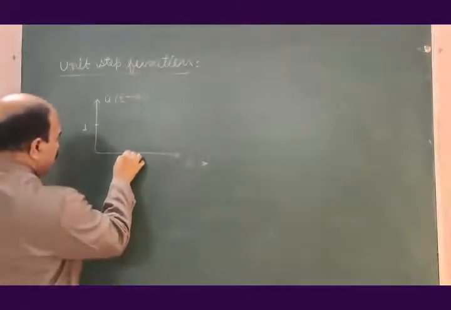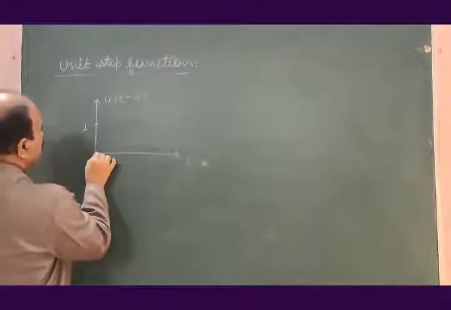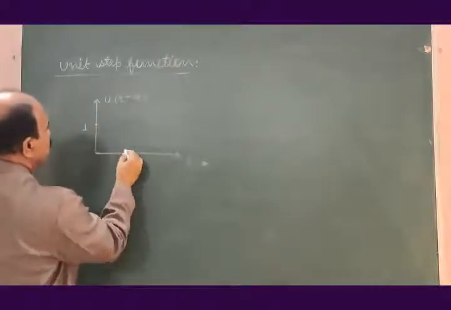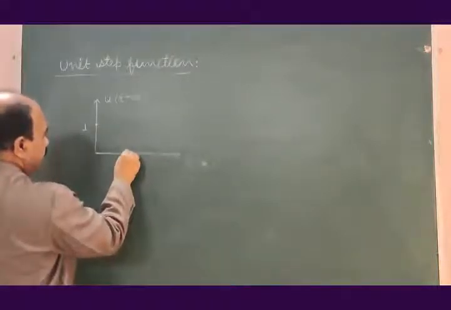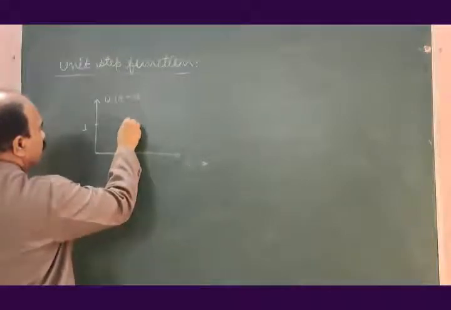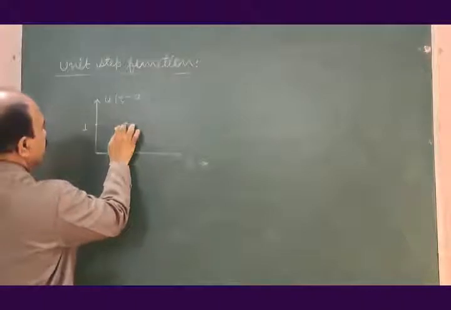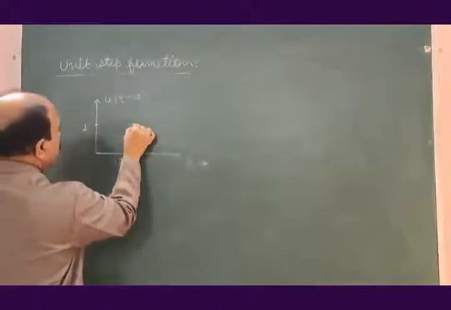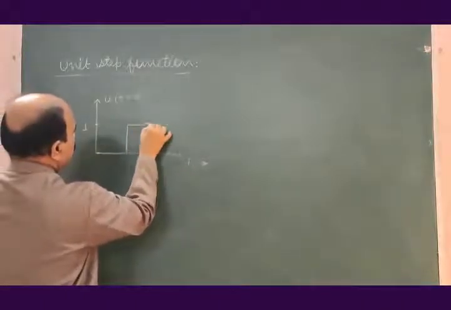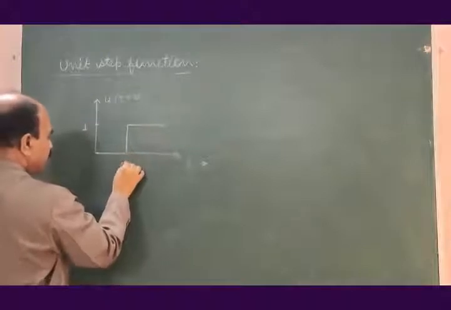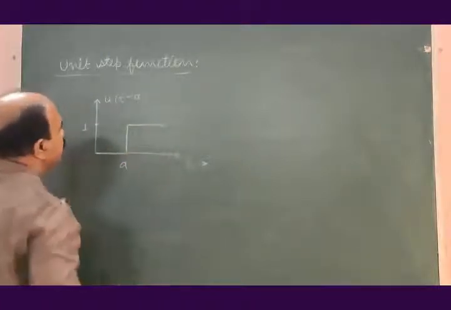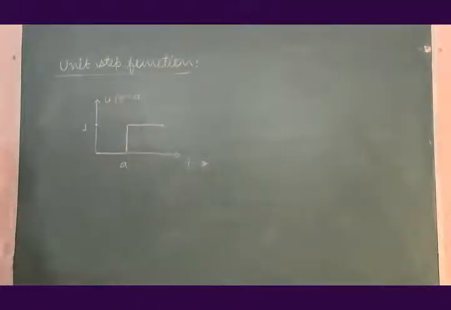Up to a certain value of t, the value of this function is 0. And at this certain value, the function becomes unity, 1. If it is corresponding to a, we can write this function as u of t minus a.